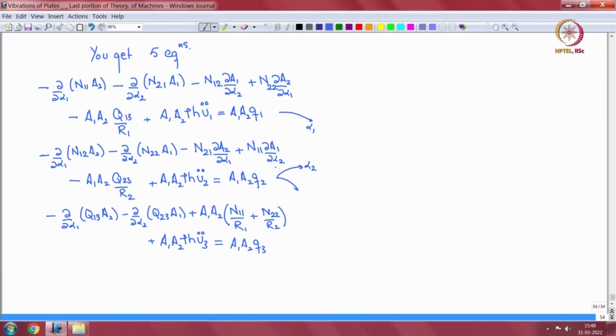So this is the alpha 3 equation of motion, this is in the alpha 3 direction.